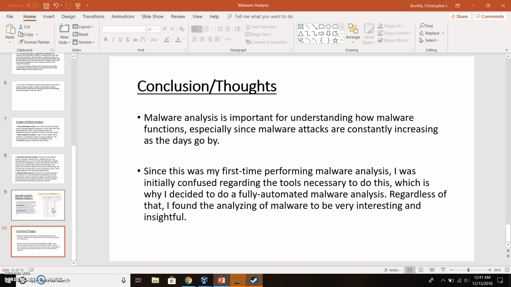It's never really how exactly was it made. With that being said, I am glad I researched malware analysis. I performed one of the ways to do it, and yeah.